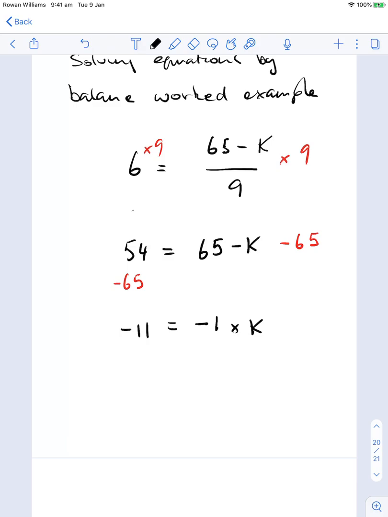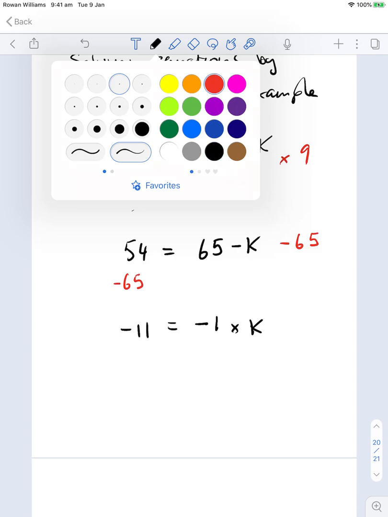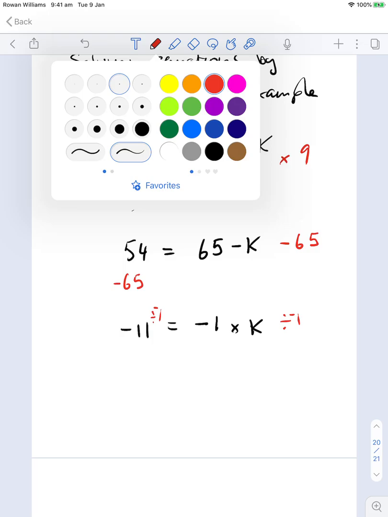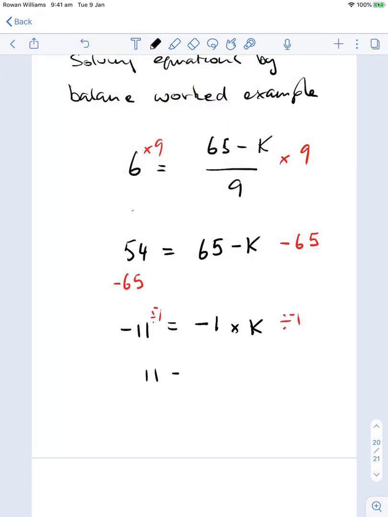So to do that, I'm going to divide both sides by minus 1. Divide by minus 1, divide by minus 1. And anytime you divide something by minus 1, it doesn't change the number, but it just becomes a positive, right? So that's going to become 11 equals k.